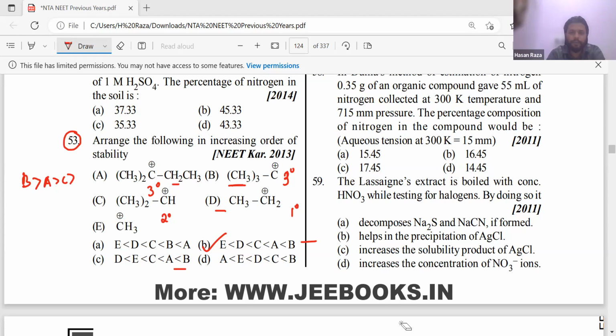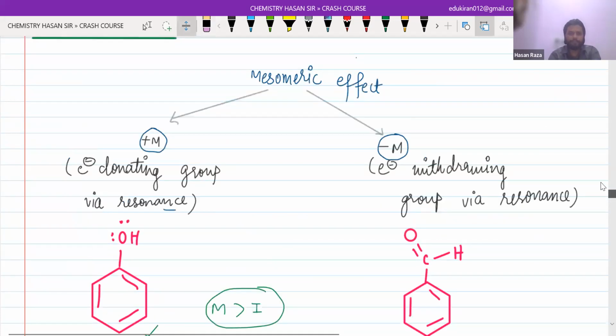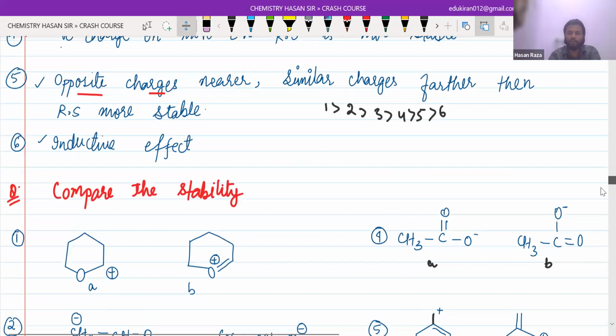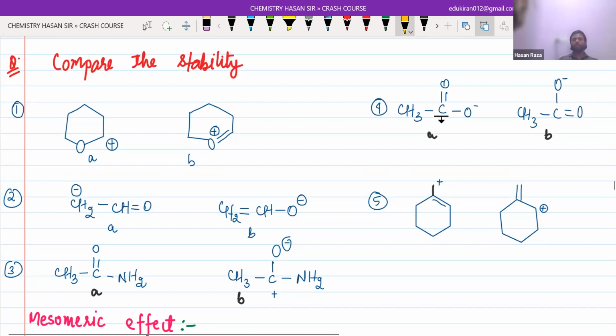So we were here. We are done with the rules for stability. Now you need to do the stability order for these 1, 2, 3, 4, 5.